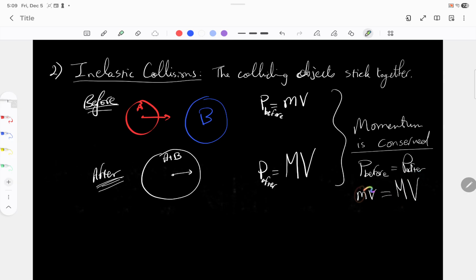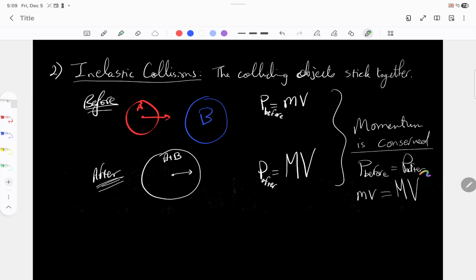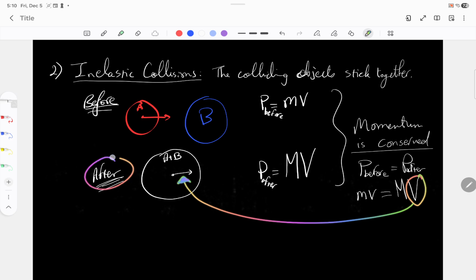This lowercase m is the mass of A before the collision, multiplied by the velocity of A before the collision. And this capital M is the mass of this larger object, AB, after they collide and combine, multiplied by the velocity of this new object after these two balls collide with each other.